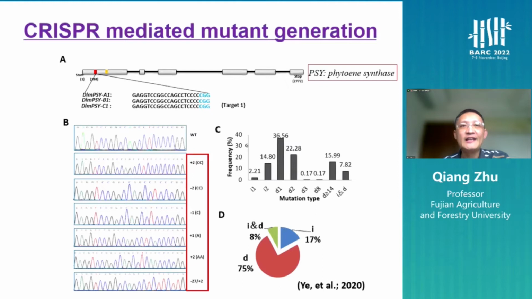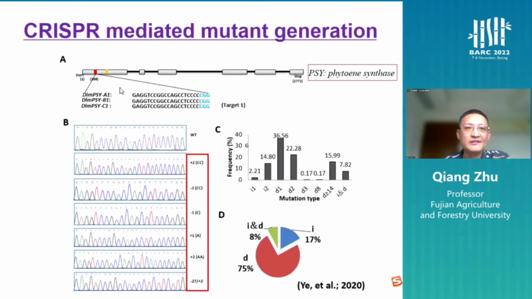Then we test whether it works in planta. So we chose a gene named photosynthesis gene, which putatively functions in chlorophyll accumulation. As I just introduced, Moso bamboo is a hexaploid plant.